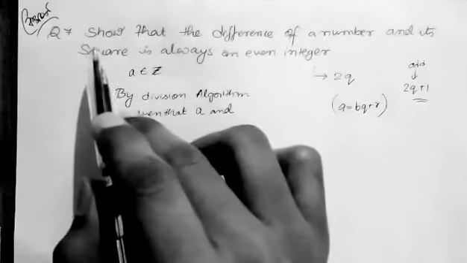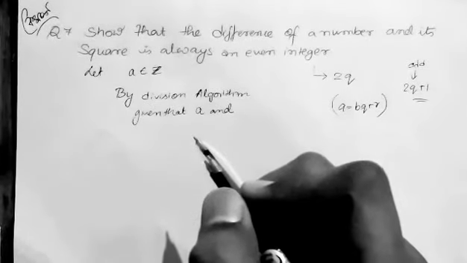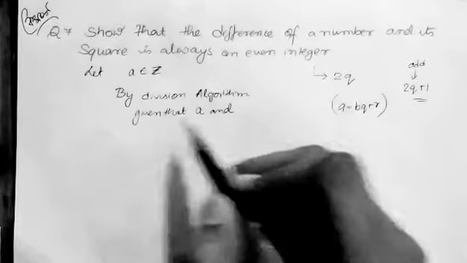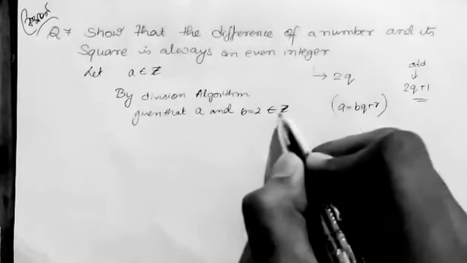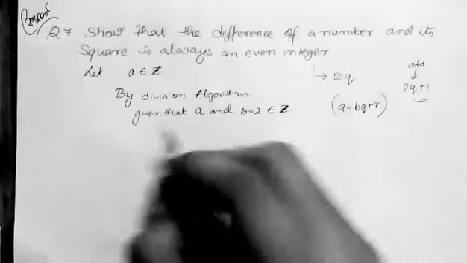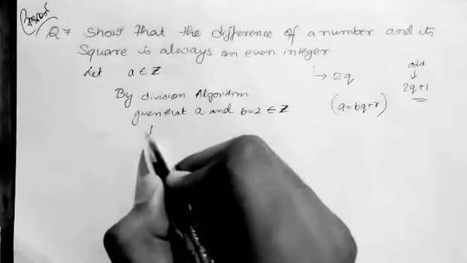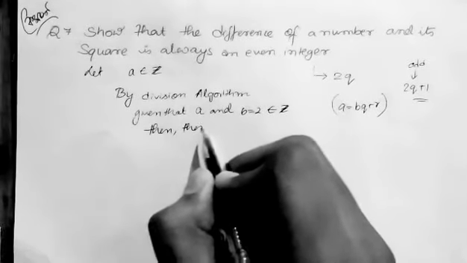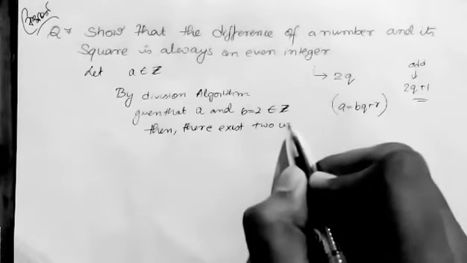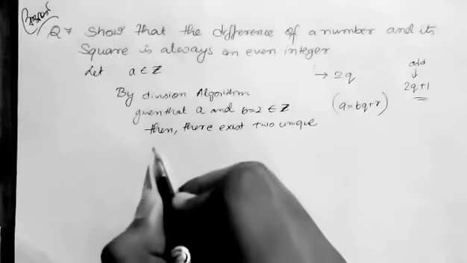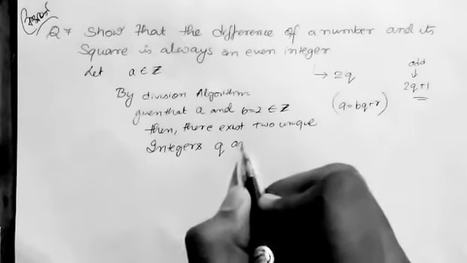And as we are asked to do the square also, let us take method 2, b equal to 2. So given that a and b equal to 2 belong to the integers, then there exist two unique integers q and r.